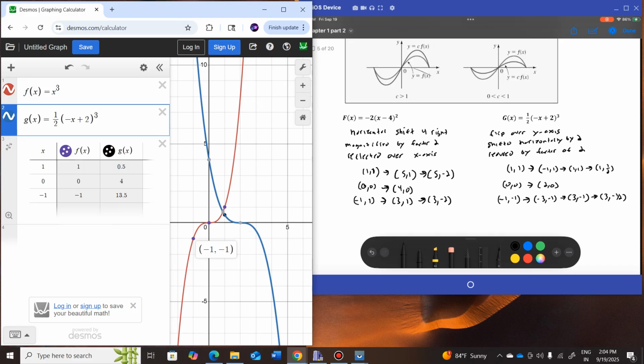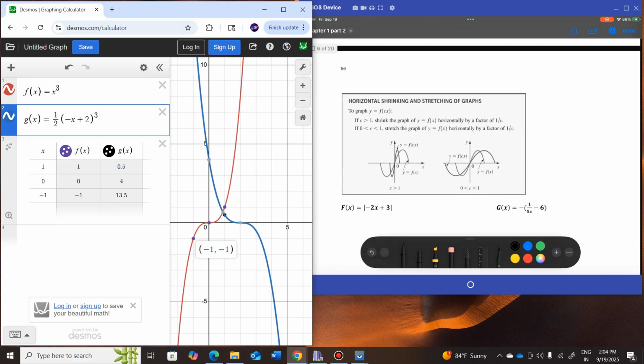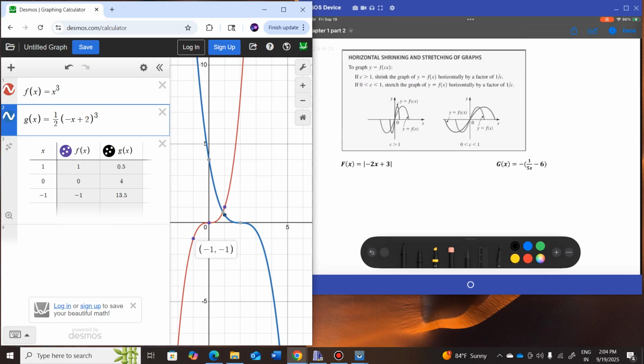All right. Horizontal shrinking and stretching. This kind of goes opposite. When you multiply the x by a number greater than 1, it actually causes it to reduce down and shrink down and compress, right? Whereas if it's multiplied by a number less than 1 or a fraction, it actually causes it to increase.